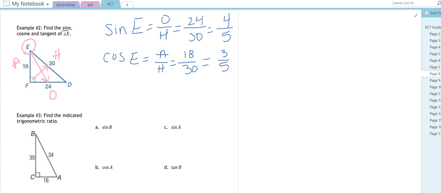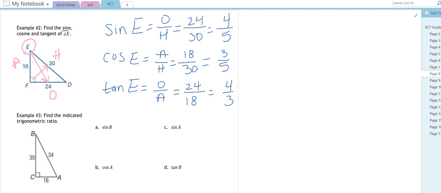Last one it asked us to find was the tangent. So tangent of E is equal to the opposite over the adjacent side. Opposite of E is 24. Adjacent side is 18. And 24 over 18 simplifies to 4/3.